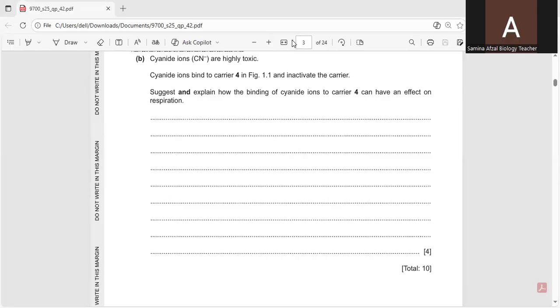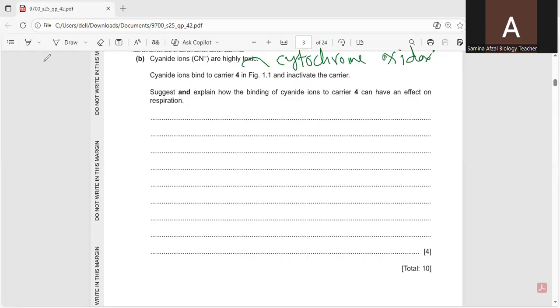So the question asks us to explain the effect of cyanide ions binding to carrier 4 on respiration. Carrier 4 is typically the final enzyme complex in the electron transport chain, known as cytochrome oxidase.